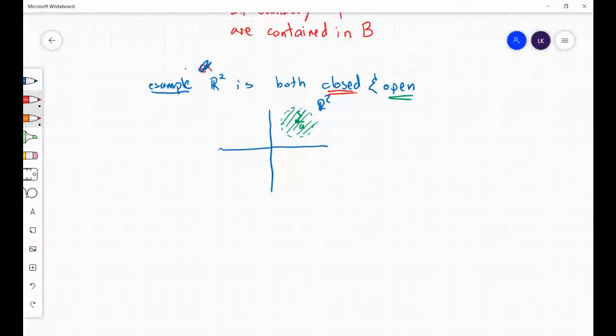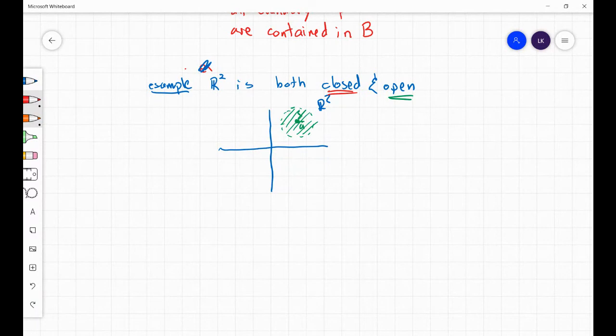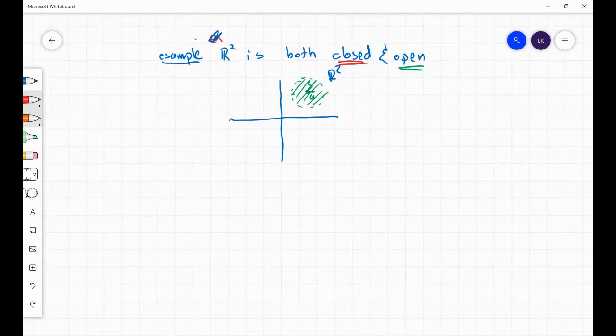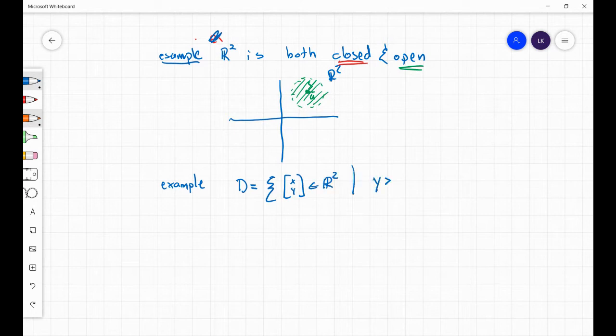All right. So I'm going to read somebody's question here. If you are given an equation or an inequality that defines a region, how can you tell whether it's closed and bounded? Right, so let's look at some examples. Consider the region D, which is all points in the plane such that y is greater than or equal to x squared.